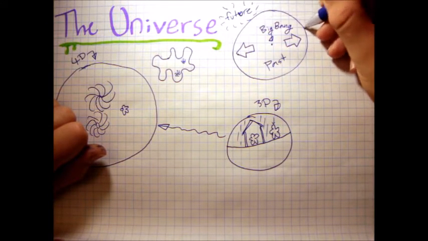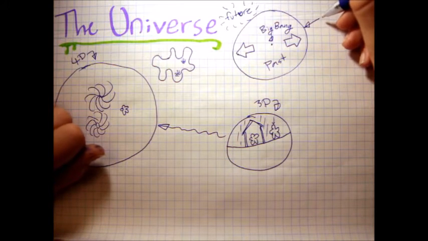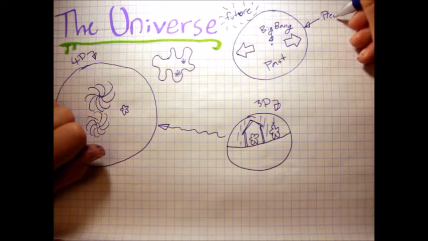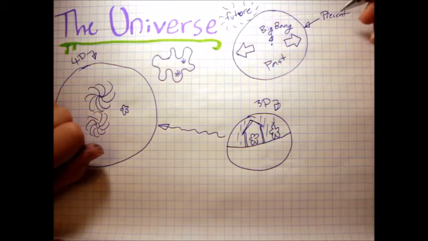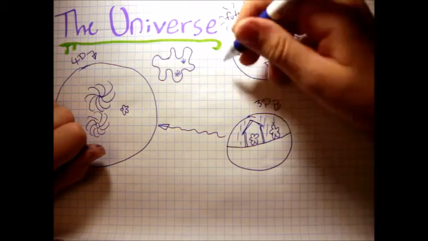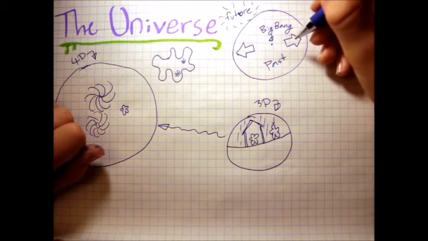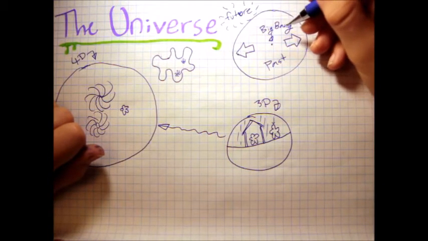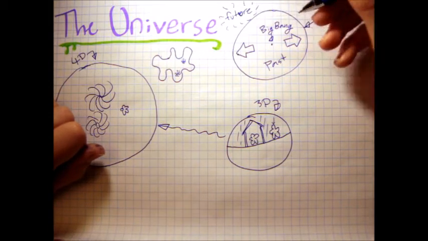The very edge is where we are now. So the edge is the present. The edge is always expanding into the future. So basically, the expansion of the universe is time.